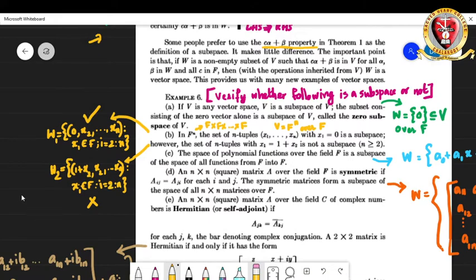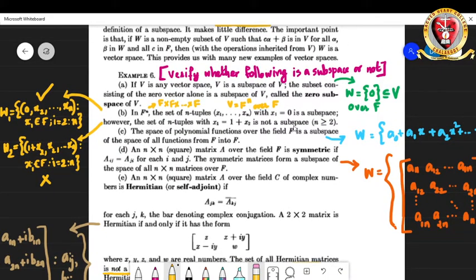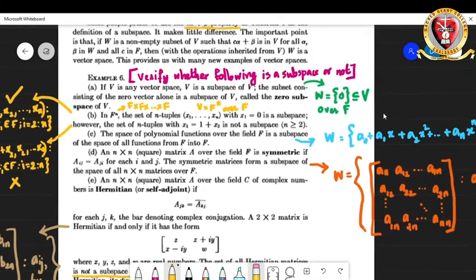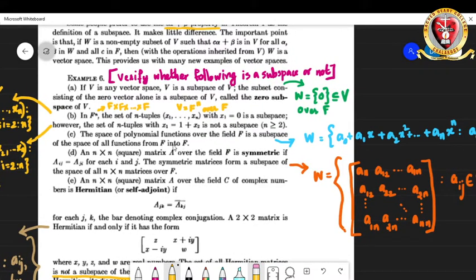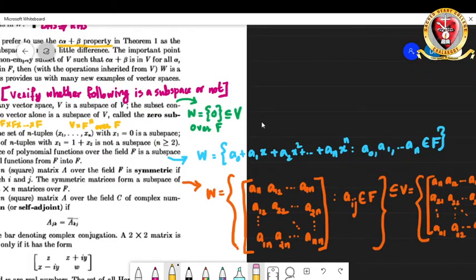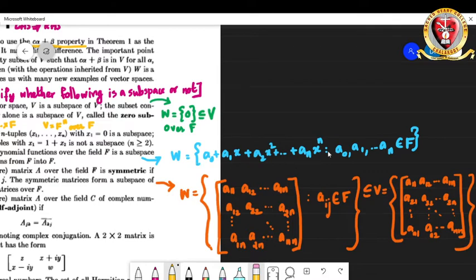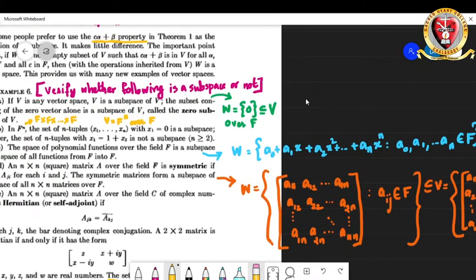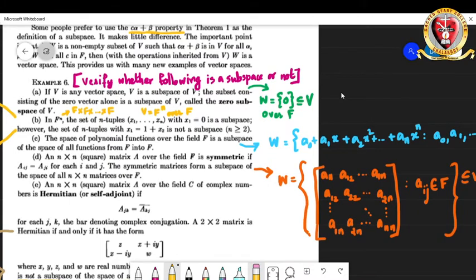The third example is the set of all polynomial functions over F, which is a subspace of the set of all functions from F into F, and the field will be F itself here, the same field. The subspace we are talking about is W equal to the polynomial form kind of functions, f of x equal to this, and the constants are coming from F. If you add two polynomials, you again get a polynomial.